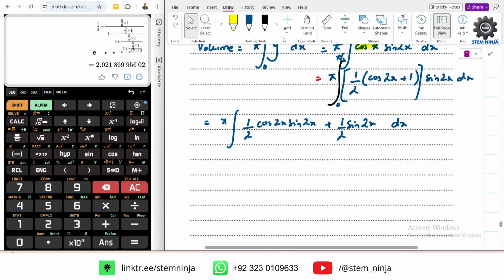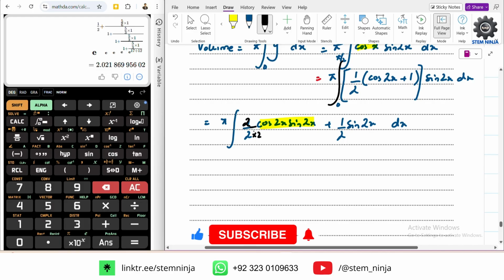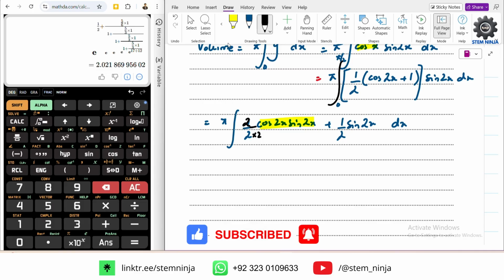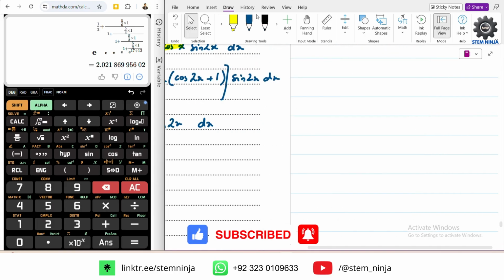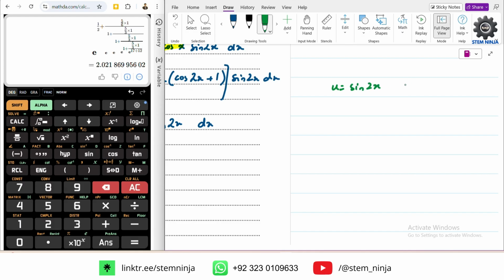Now the beauty of this thing is that cos 2x is the derivative of sine 2x, especially if we multiply by 2 one more time. If you need a little reminder, let's say u is equal to sine 2x, and du over dx is 2 cos 2x.